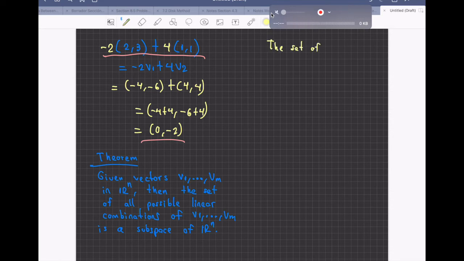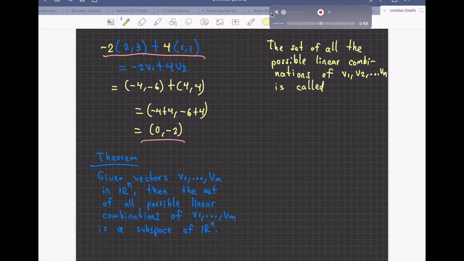This set of all the possible linear combinations of B1, B2, and so on is called the subspace spanned by B1, B2, and so on up to Bn.